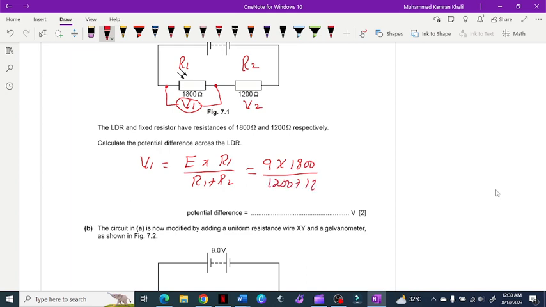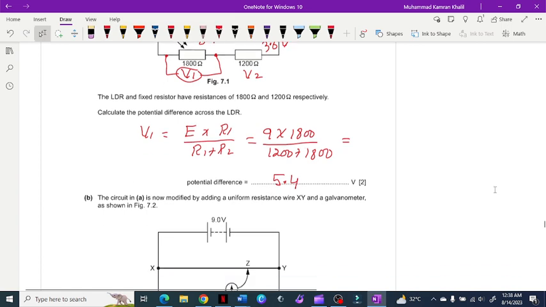Then we will solve that and we will get the answer, which is 5.4 volt. It means that 5.4 volt will drop over here, and 9 minus 5.4 will give us 3.6 volt over here.